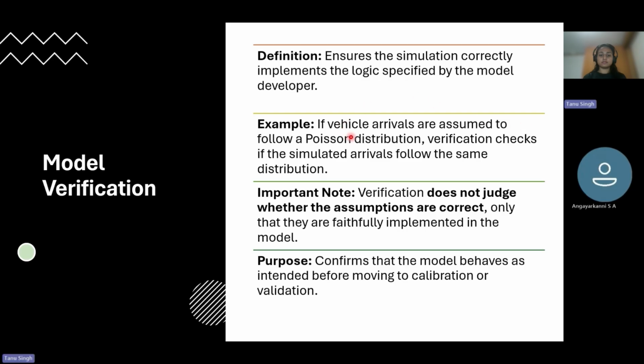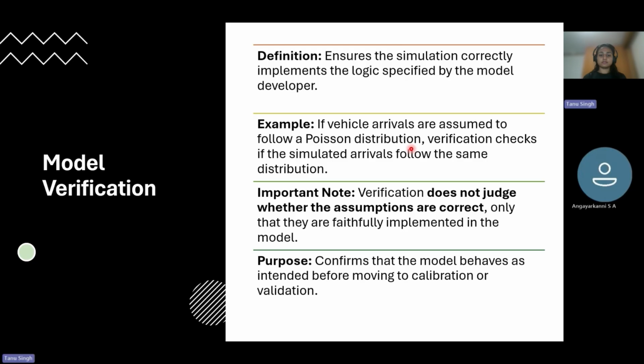We don't say whether the Poisson distribution assumption is correct or not, but instead we are only checking whether the model faithfully replicates the logic or assumptions that are intended to be implemented. So verification is a critical step before we move on to the calibration and the validation. It ensures that the model is behaving as it has been designed, so that any subsequent analysis or decision based on simulation is reliable.